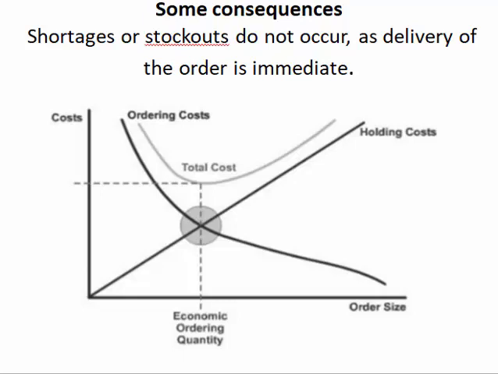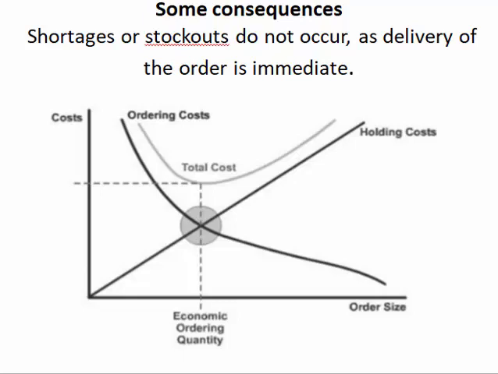The downward sloping curve which commences high on the y axis and decreases as it approaches the x axis and moves to the right is the ordering cost curve. It represents the total ordering cost depending on the size of the order quantity.